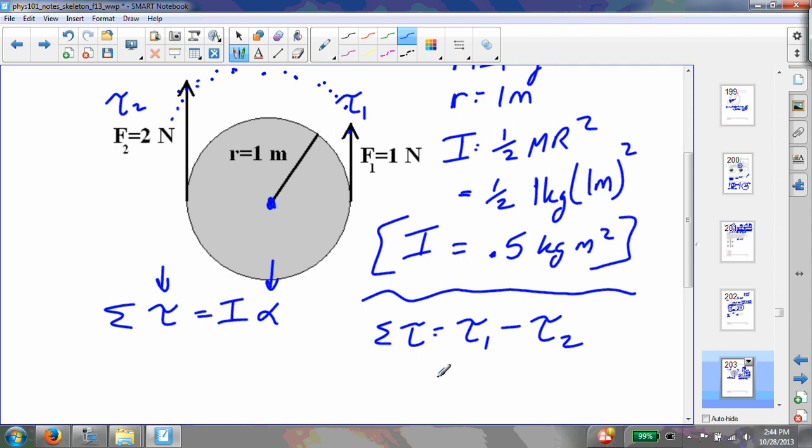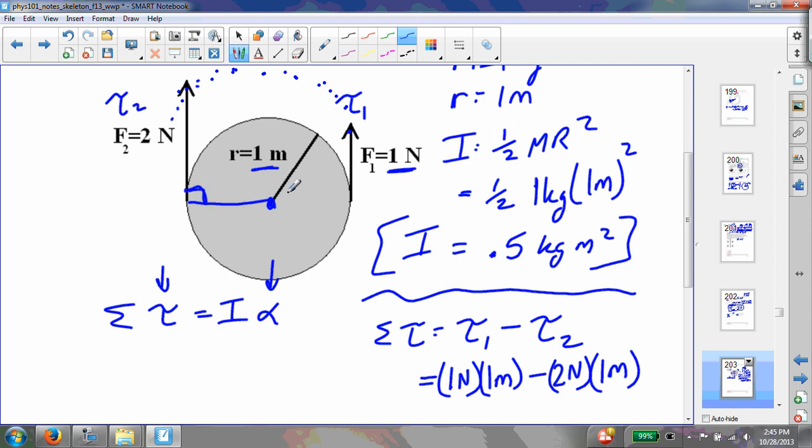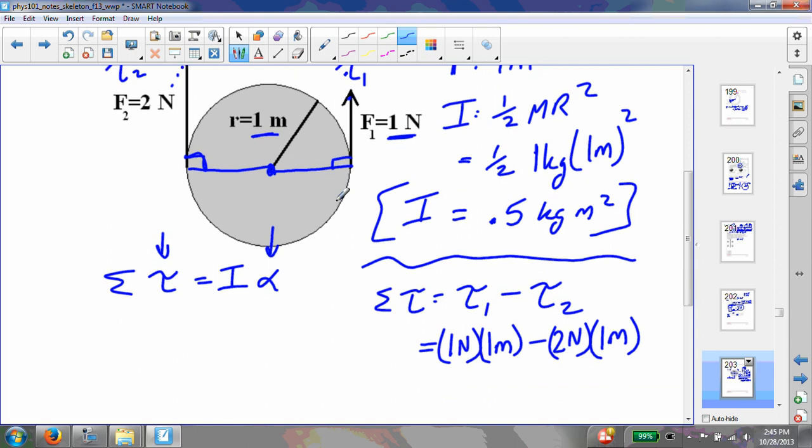All right, so now I can just find a value for this. Torque 1 is going to equal F1 times r, so that's 1 Newton times 1 meter, minus torque 2, which is 2 newtons times 1 meter. In both of these, the angle is 90 degrees, and the sine of 90 equals 1, so I don't include the angles there, but I would have a sine theta term if the angle was something other than 90 degrees.